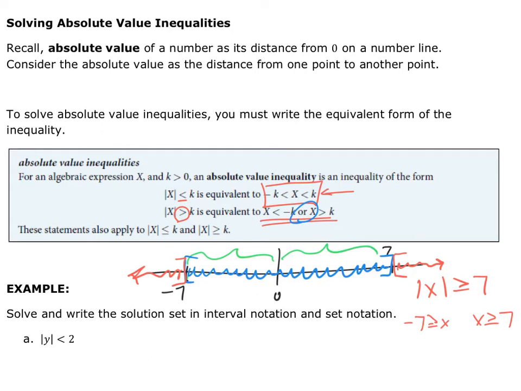But I don't do a compound inequality. I cannot bring these together. I'm not allowed to bring these together. So I still kind of set it up like a compound inequality, but I'm not going to join them together. And so this ensures that I am on the left side of -7, and this ensures I am on the right side of +7. So with all of that said, are there any questions before I have you do these examples?